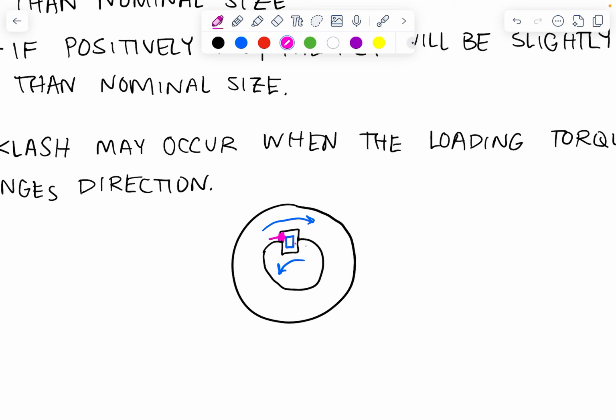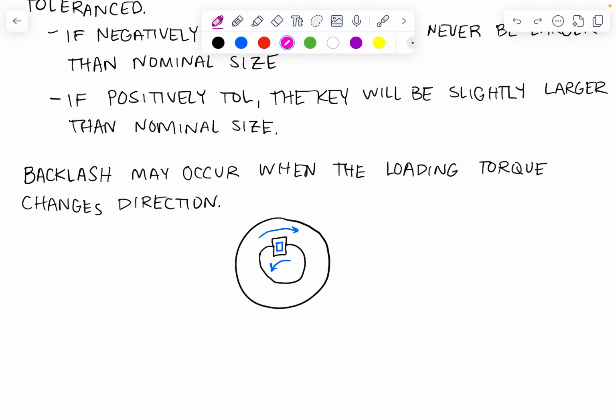And same thing on this side. This little bit of clearance will get taken up when it starts to move, and we'll have impact between those two parts there. And that impact can lead to damage of the key and the key seat and the keyway, especially over a longer period of time.